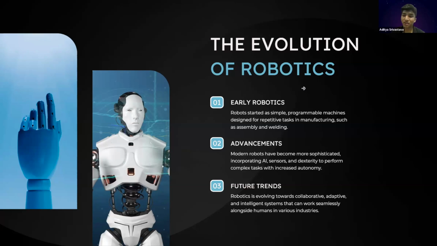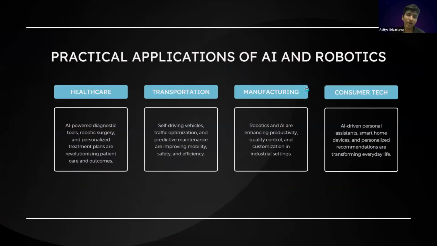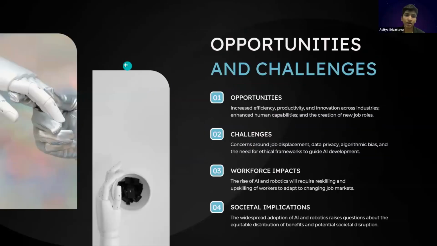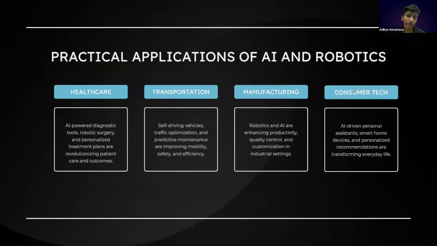That's the new wave of robotics for you. For practical applications, I've got some video clips for you, which I'll be showing at the end. So now AI and robotics are in hospitals, in transportation, in manufacturing, and in the consumer part as well. So that is all about that.